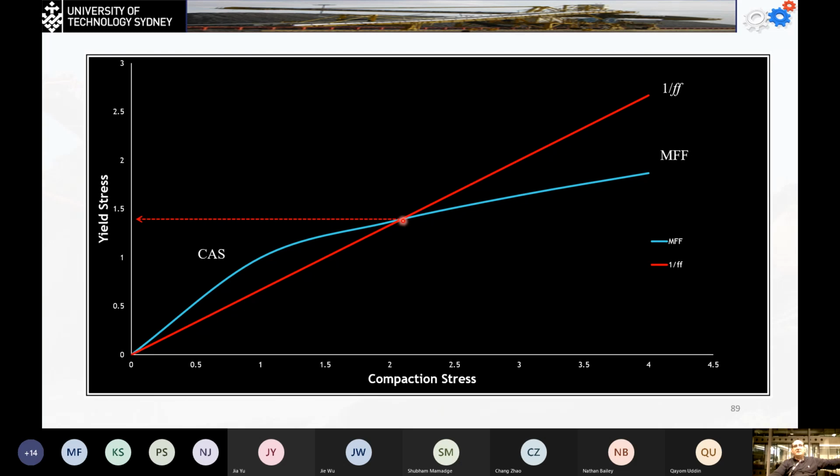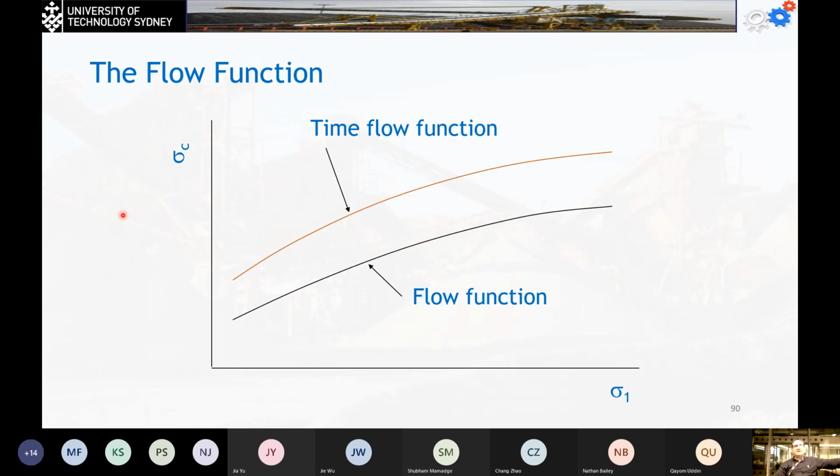The intersection point gives me the value of the CAS. The CAS is going to be applied in the function to calculate the value of the diameter, with the use of theta we found from the same two charts. So the flow function, once again, has the time flow function, and you can see that the stresses are going to be higher as time passes.